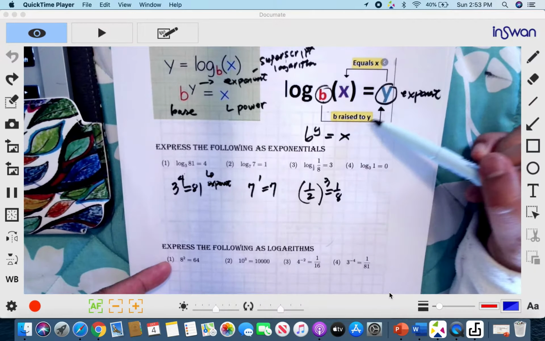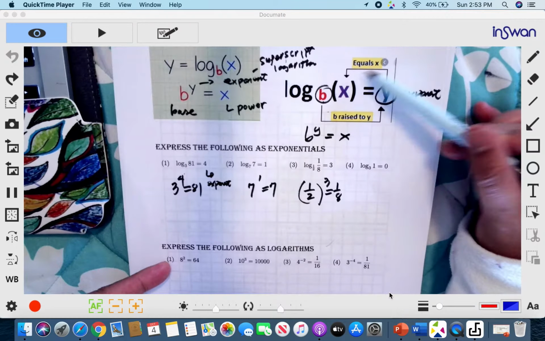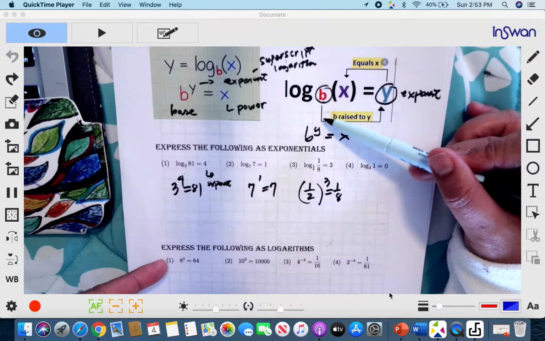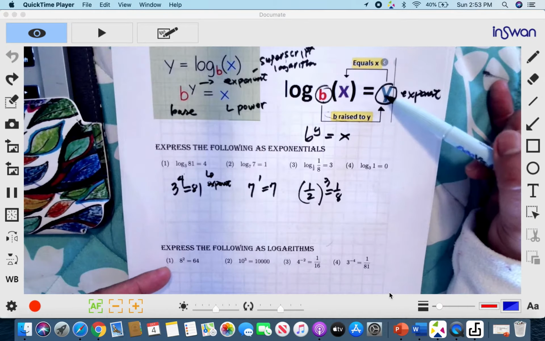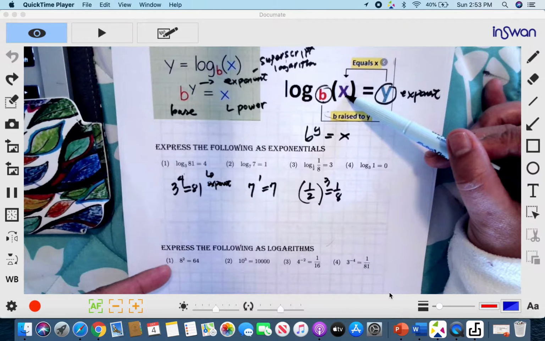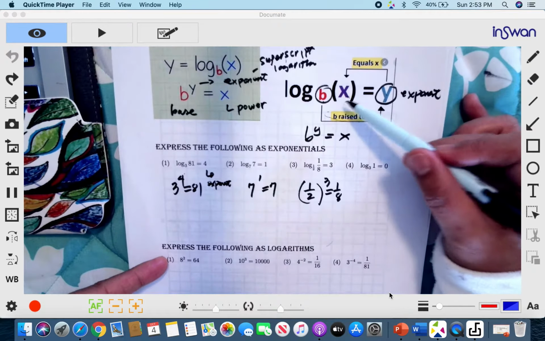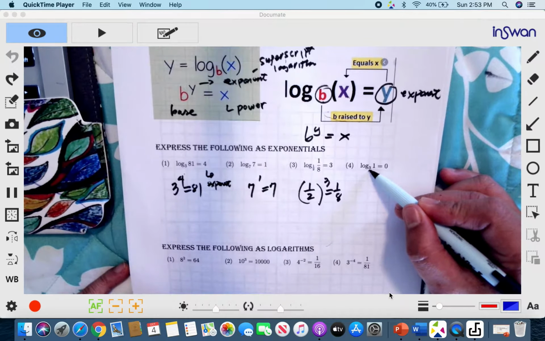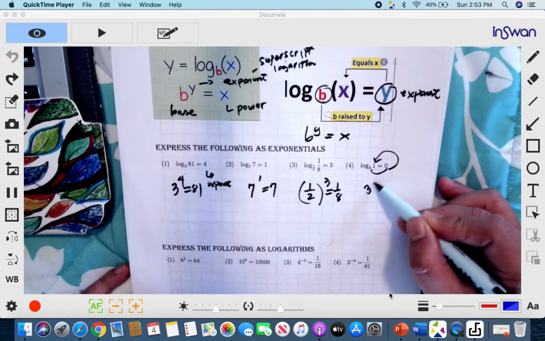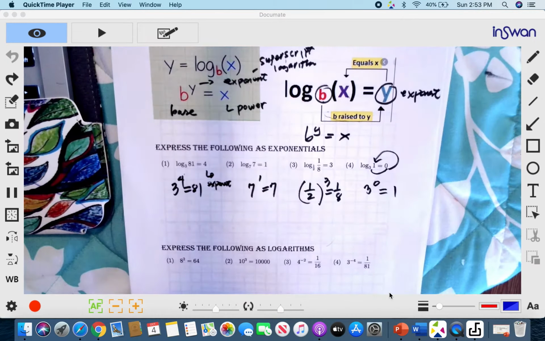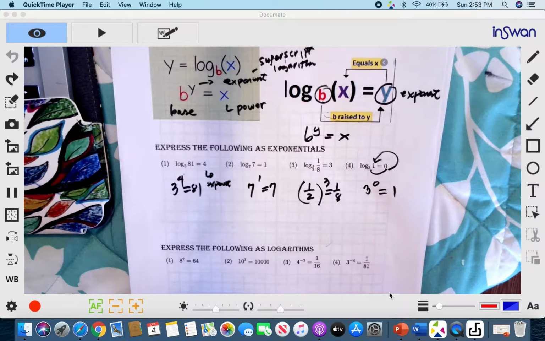As you can see the direction here, if you change the logarithm to exponential, it goes in a counterclockwise direction from the base to the exponent to the superscript, so the power. So from the base 3 to the exponent, and then 1. So 3 raised to 0 equals 1. Going in a counterclockwise direction, starting from the base.